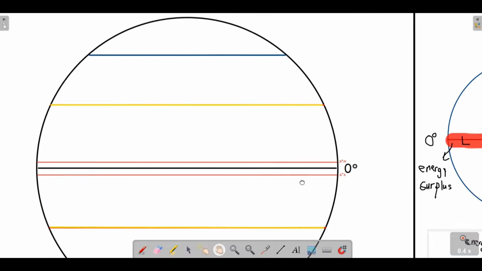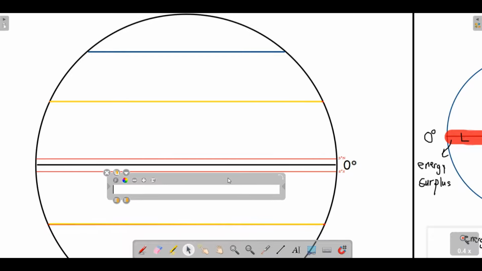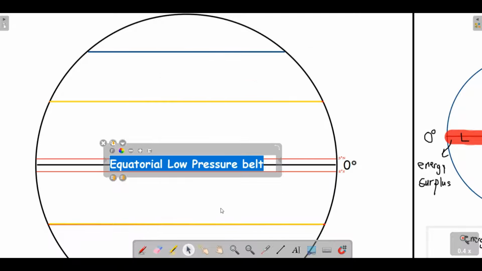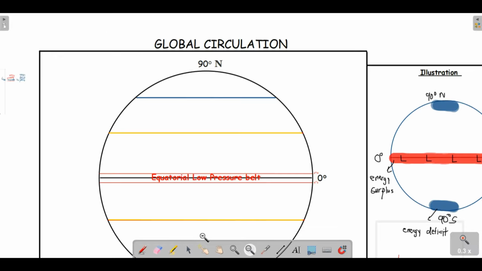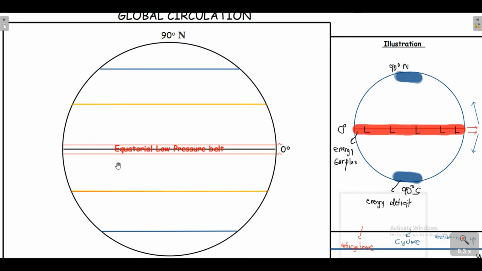So in this area we see a belt forming, an equatorial low pressure belt, and I'm actually going to use red. So that's the equatorial low pressure belt over there between 0 and 5 degrees north or south of the equator. And again, guys, it is formed by that hot, moist air rising up due to the excessive amounts of insolation that is received over here in this region.